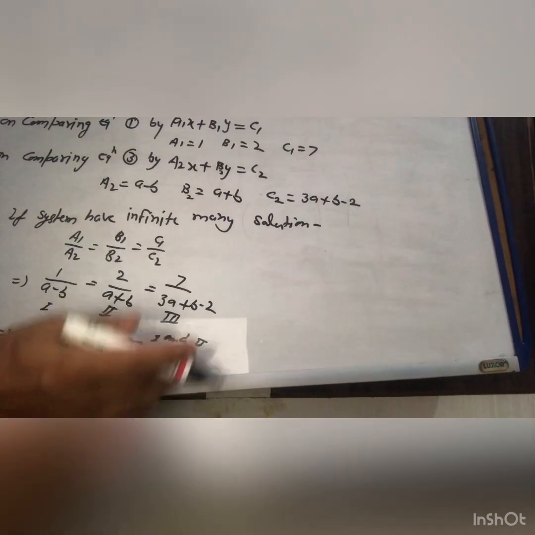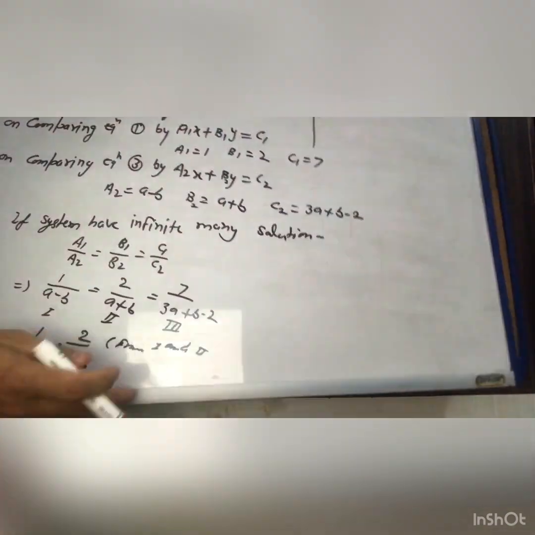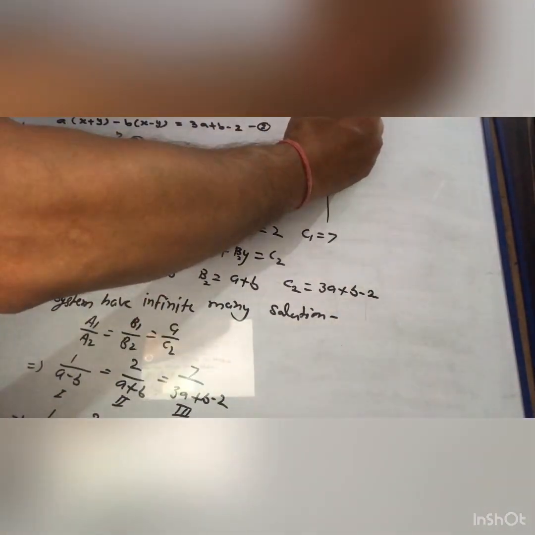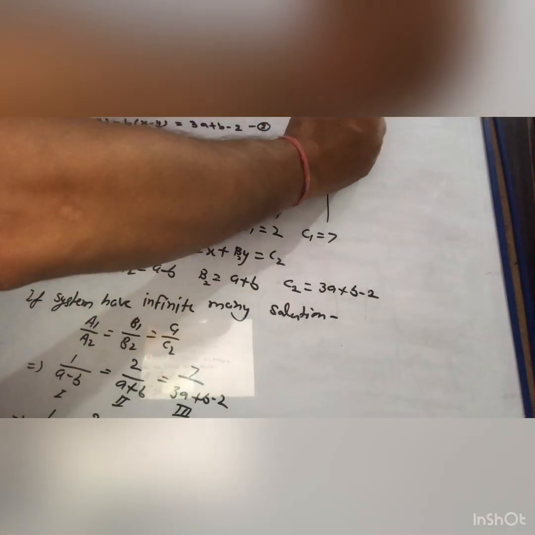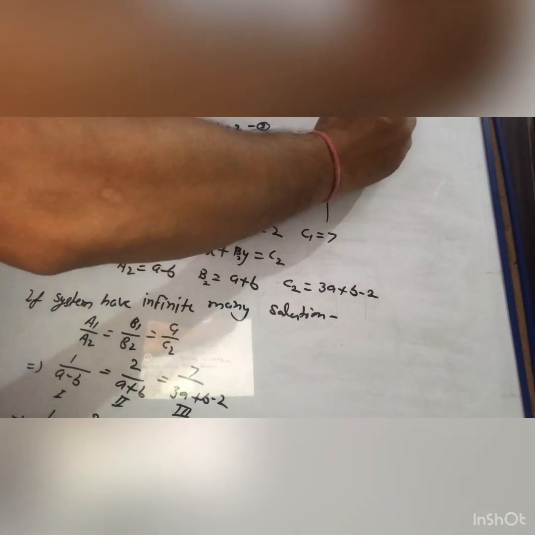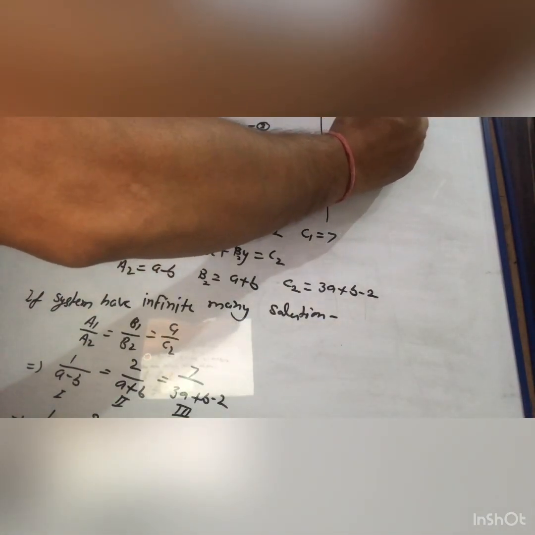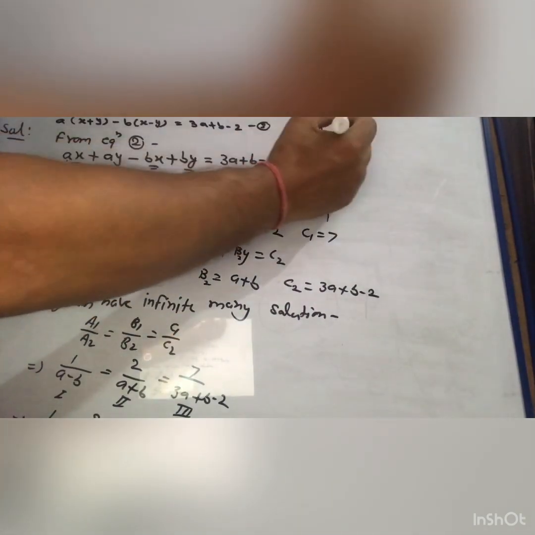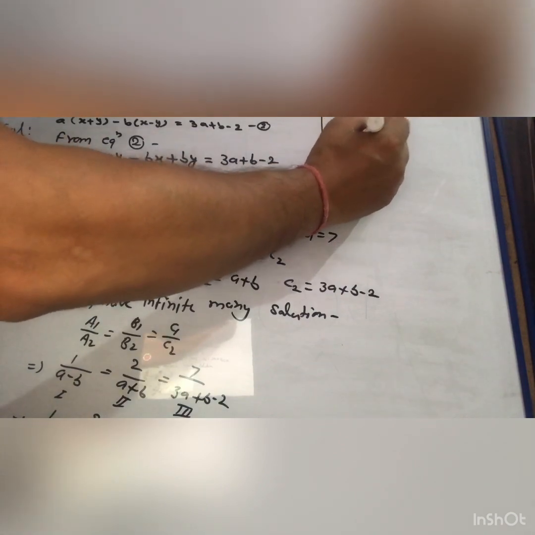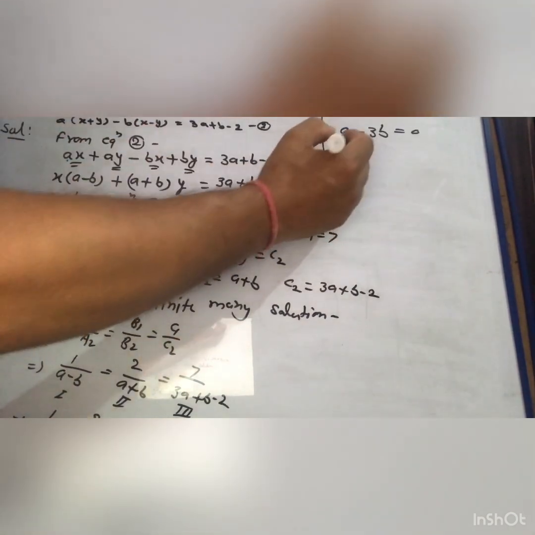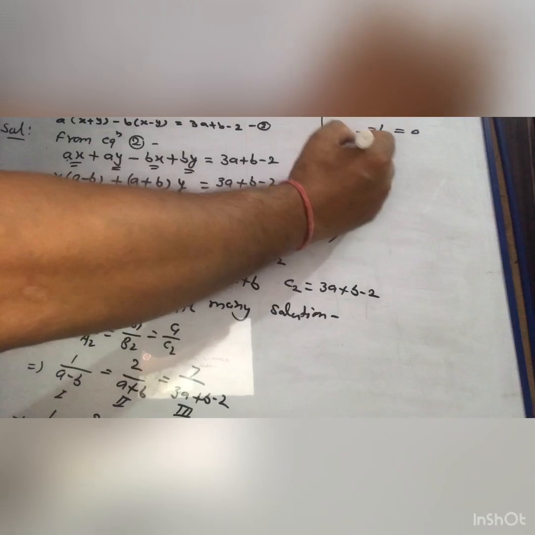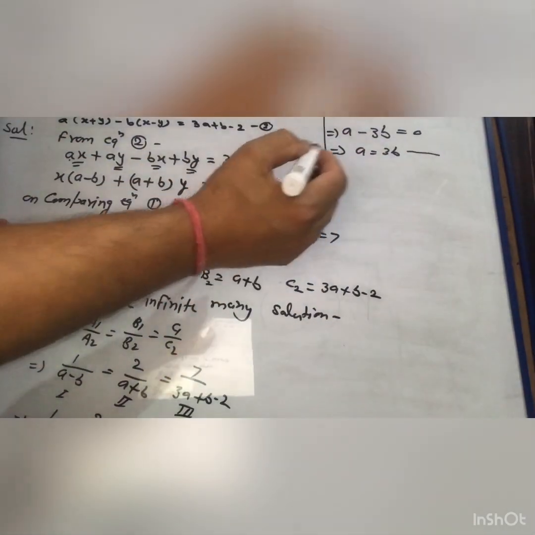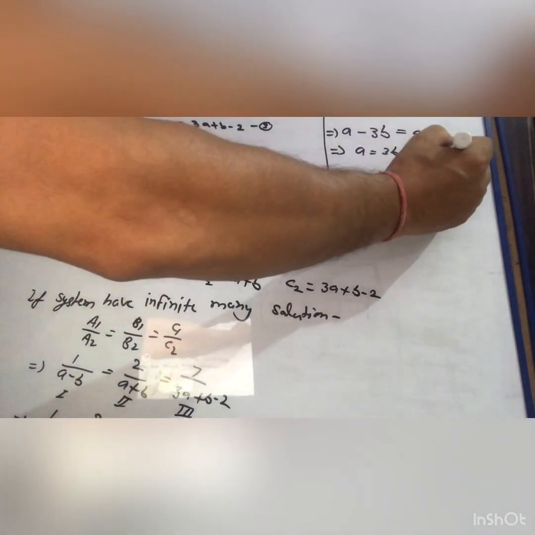Transposing all variables to the left side, 2a minus a and minus 2b minus b equal to 0. So a minus 3b equal to 0, otherwise a equal to 3b. This is equation number 4.